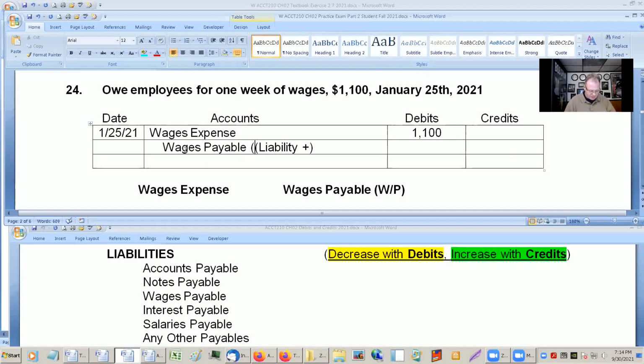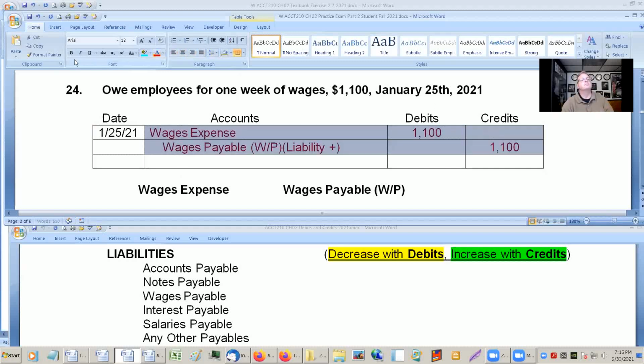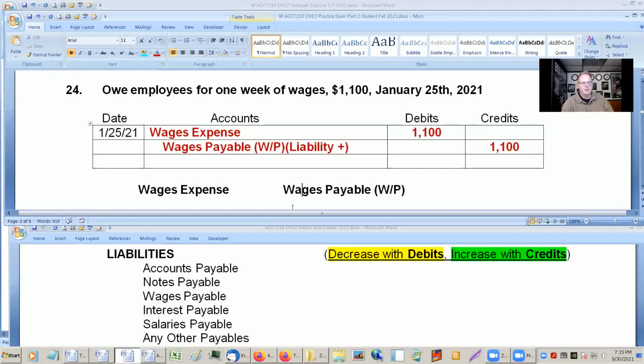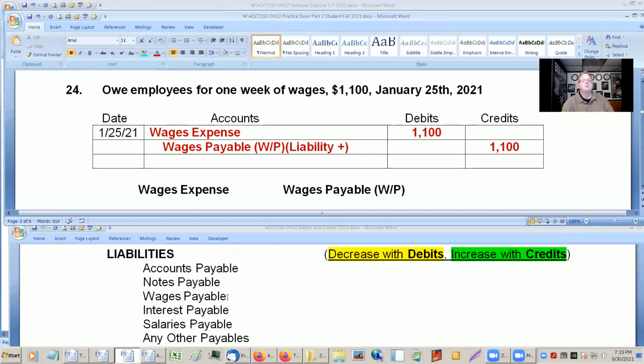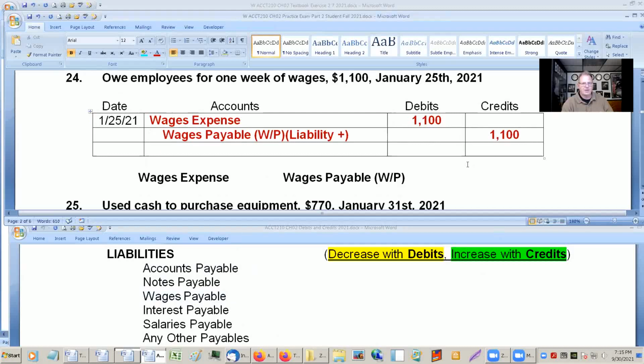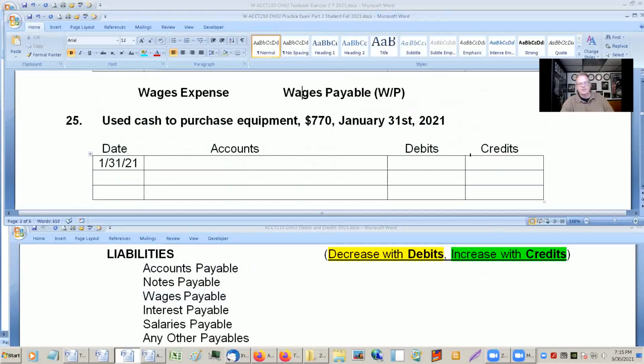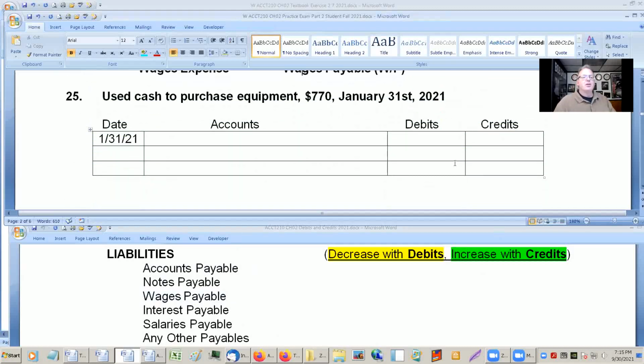And you can also say WP. Wages payable is increasing, so it'll be a credit. And again, expenses, you probably don't say yippee because it's an expense, but you know the journal entry anyways.